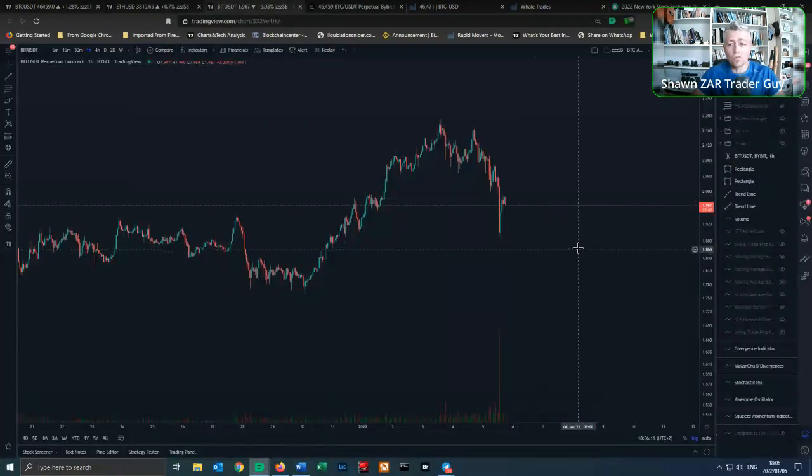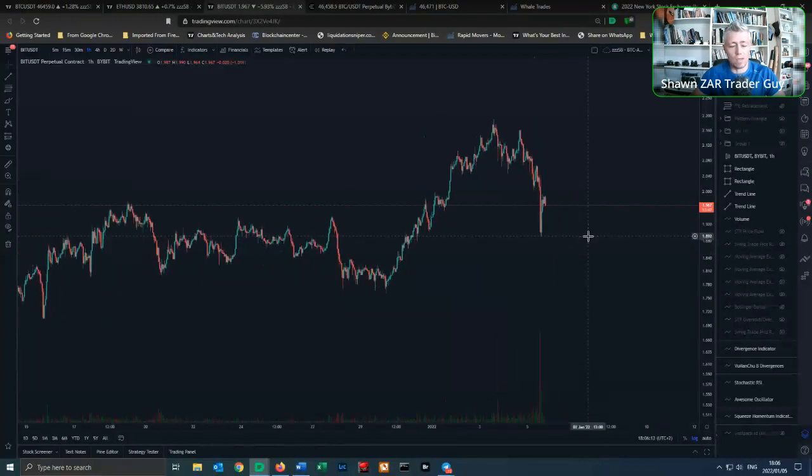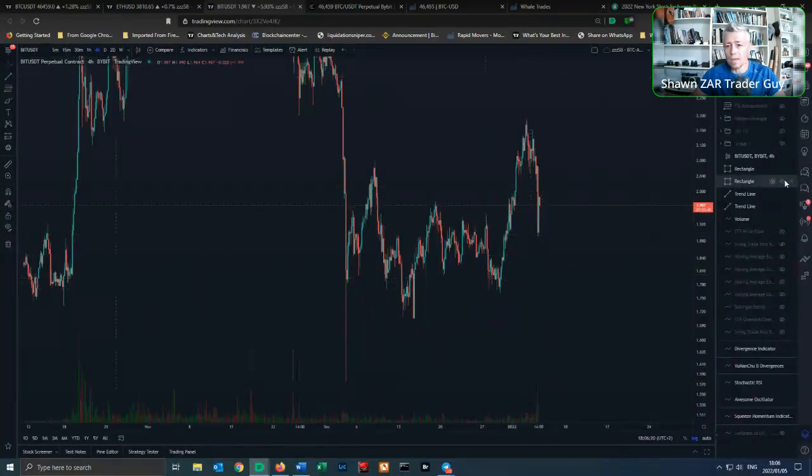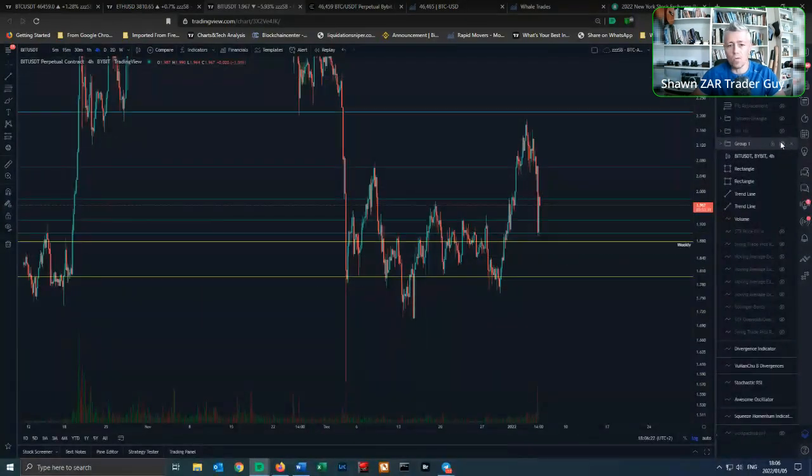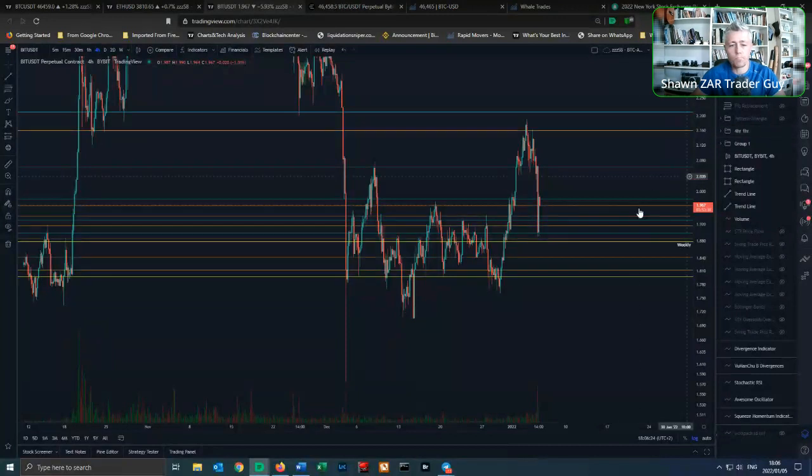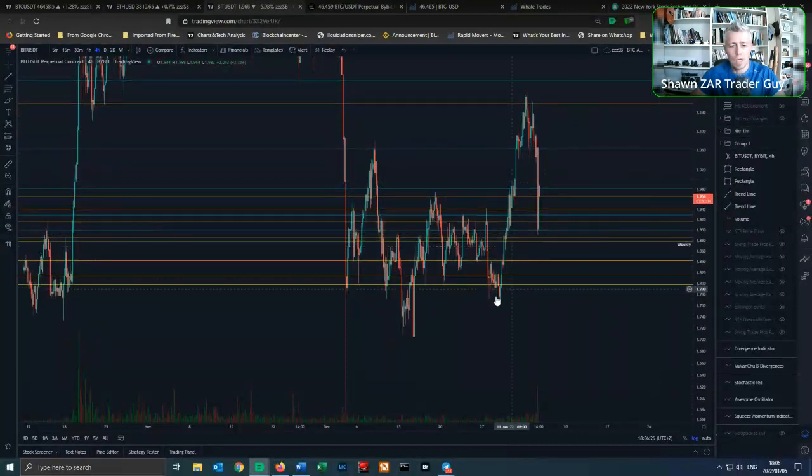Still watching the chart. BitDAO has been extremely interesting. This has been moving very differently from Bitcoin and Ethereum. You can see the last couple of days. Let me just turn on my supports and resistances. You can see in the last couple of days from the 30th of December, we had a very big move up and a strong rejection there at that $2.18 level.